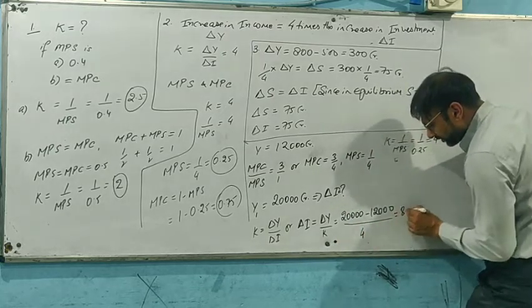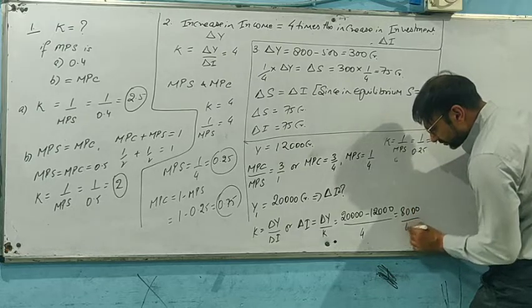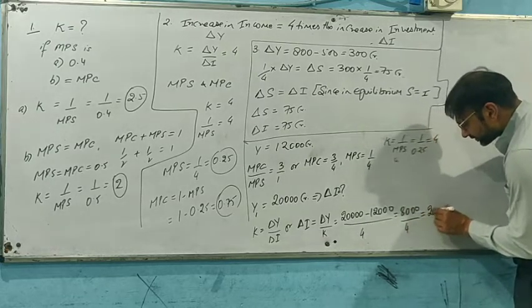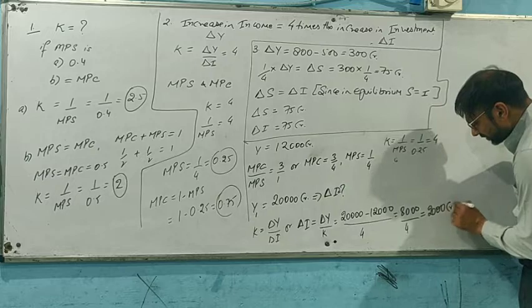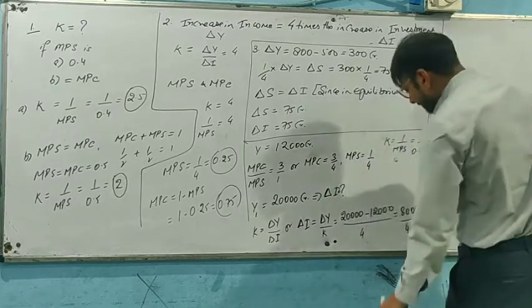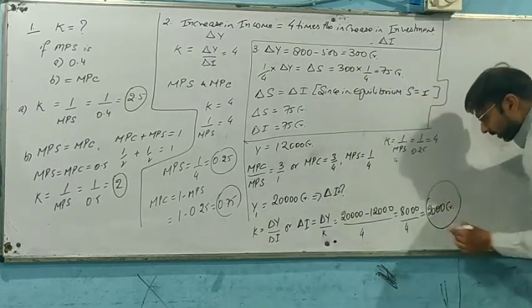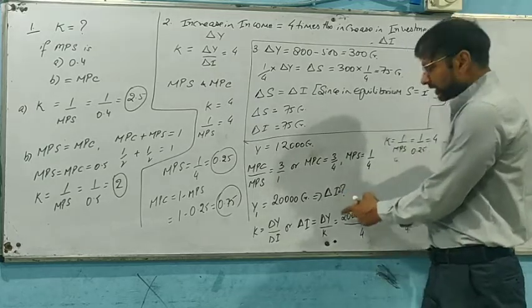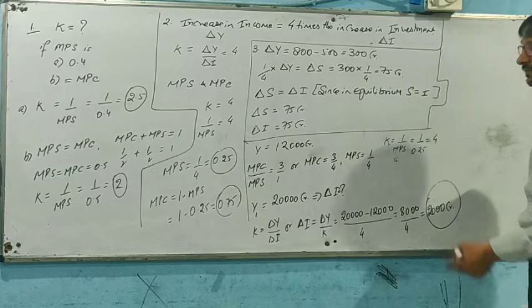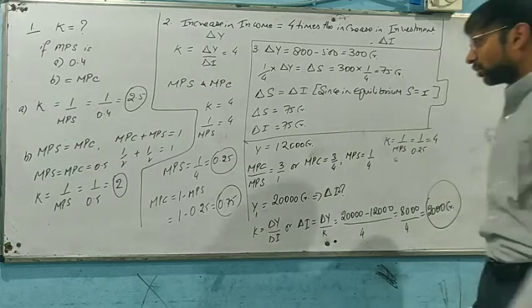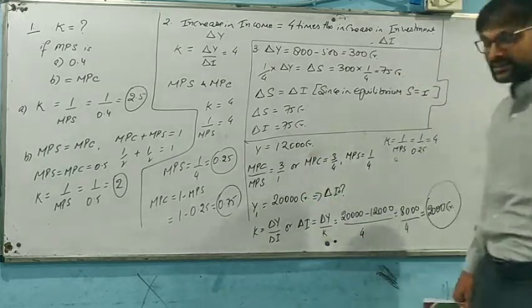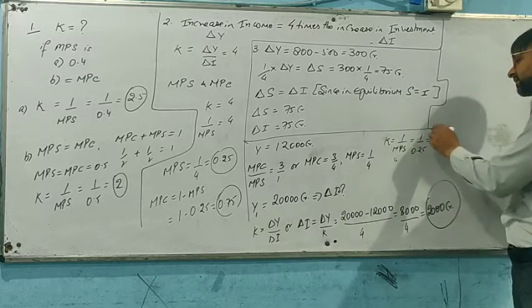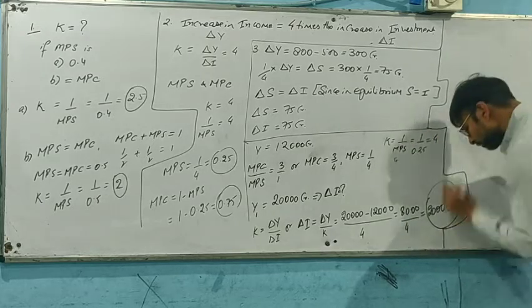So it will be 8,000 upon 4, which is 2,000. So delta I is 2,000 crore, which will lead to an additional income of 8,000, since the multiplier effect is 4.